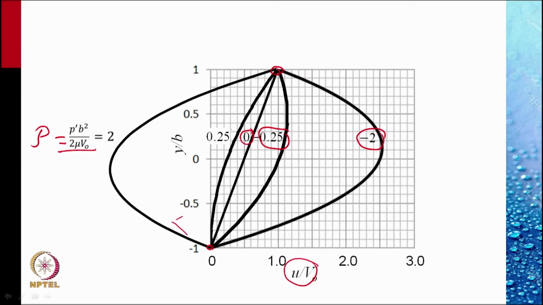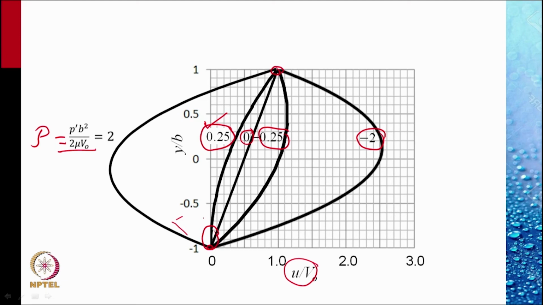This is for script P is equal to 0.25. This is significant because at this value of the pressure gradient parameter, the slope of the velocity profile at the lower plate is 0.